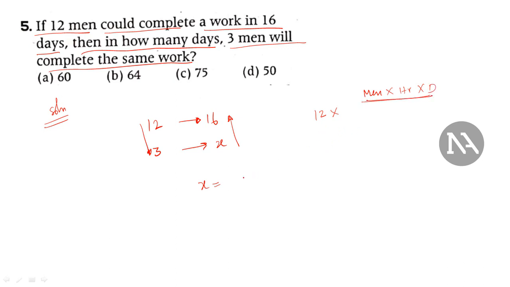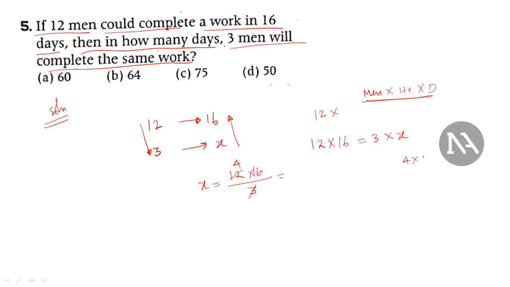So here men is 12, the number of days they are working is 16, that will be equal to 3 men in how many days? Here x is equal to 12 into 16 divided by 3. So 1 3 is 3, 4 3s are 12.